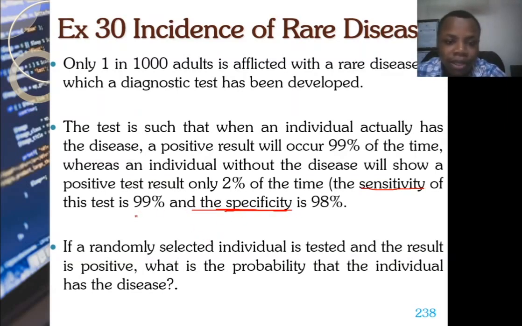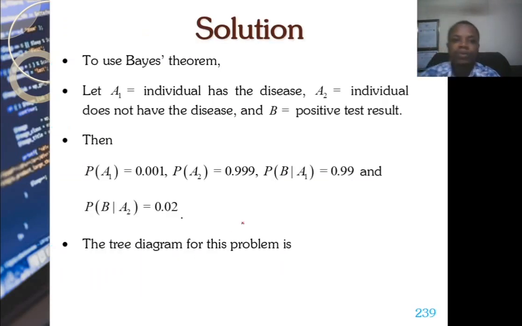So our sensitivity is 99% and our specificity is equal to 98%. Now if a randomly selected individual is tested and the result is positive, what is the probability that the individual has the disease? Let's see how we use the Bayes theorem to arrive at an answer.